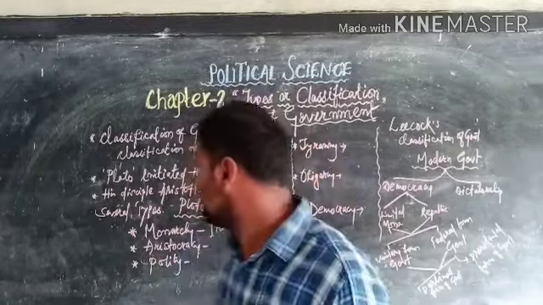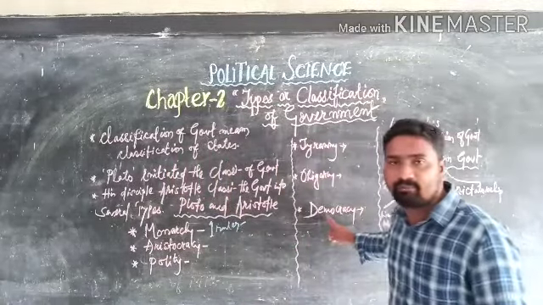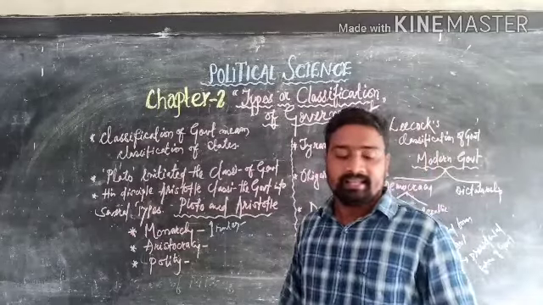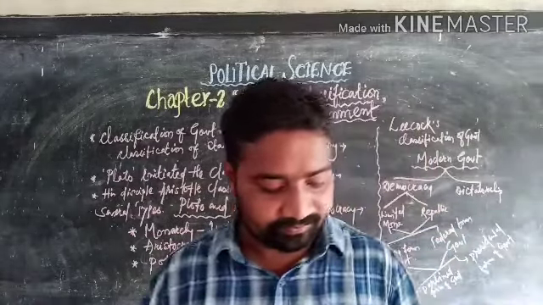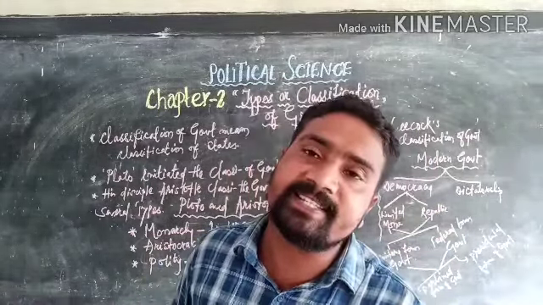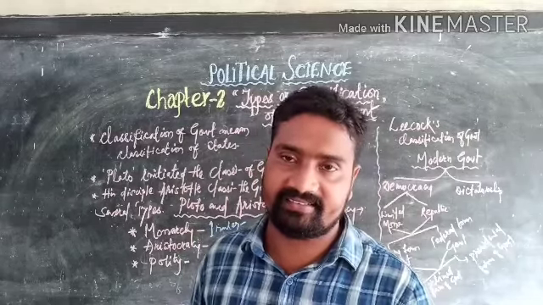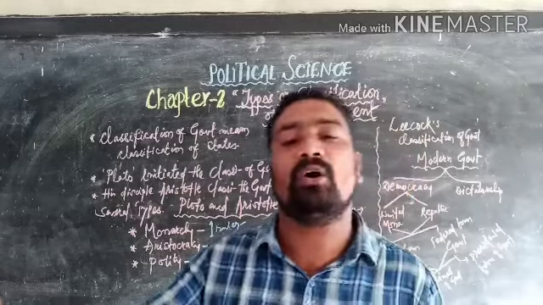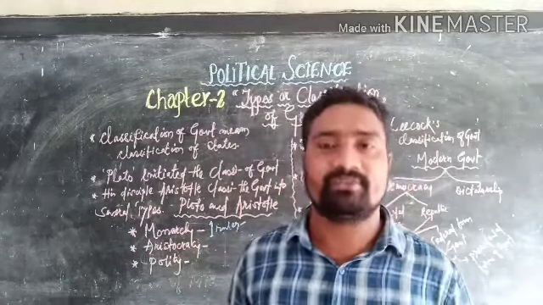Is it clear? Democracy is a form of government where the citizens of the country rule the country either directly or indirectly by electing their representatives.